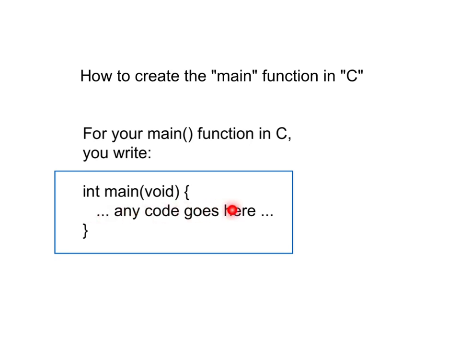Of course, leave this out. So you're just going to write int main void, the opening brace, and then the closing brace, and leave some room, some blank lines that you can write some programming code for the next step.